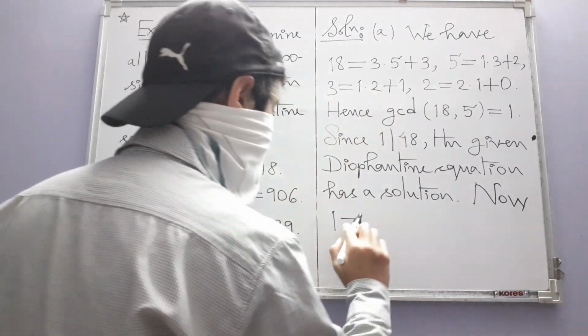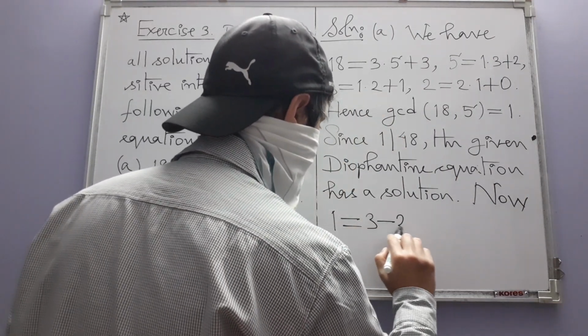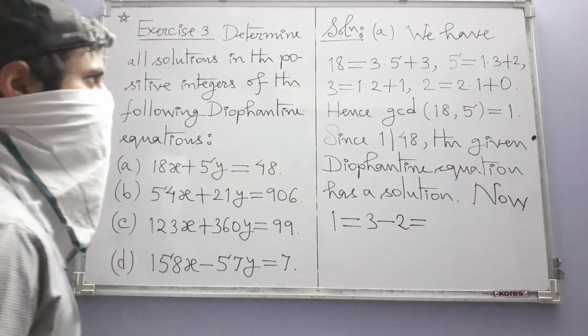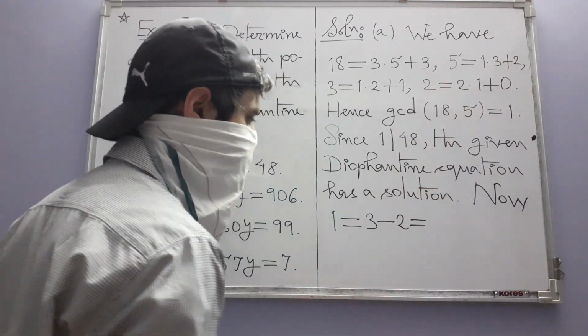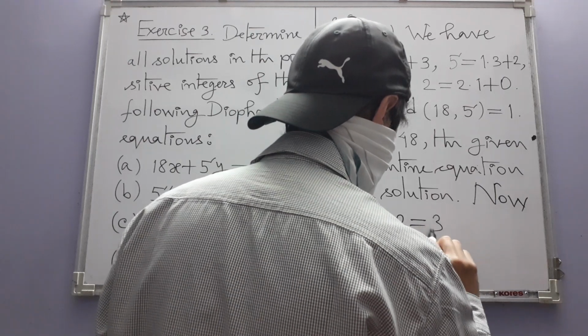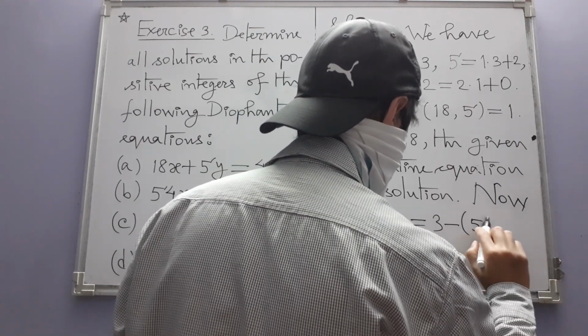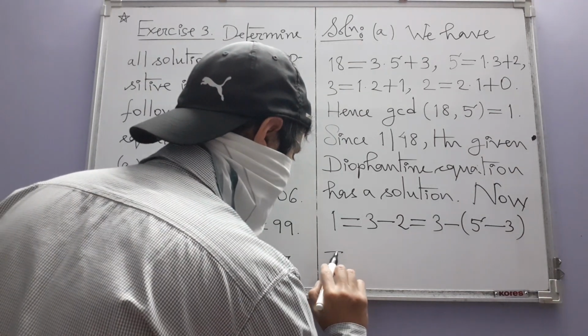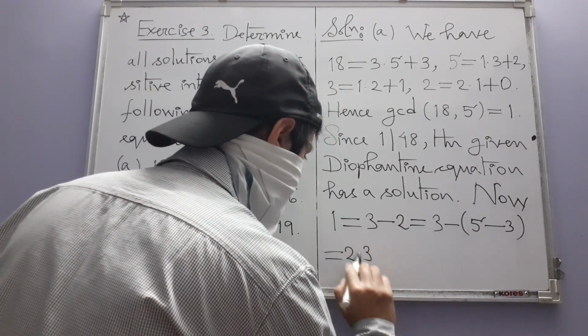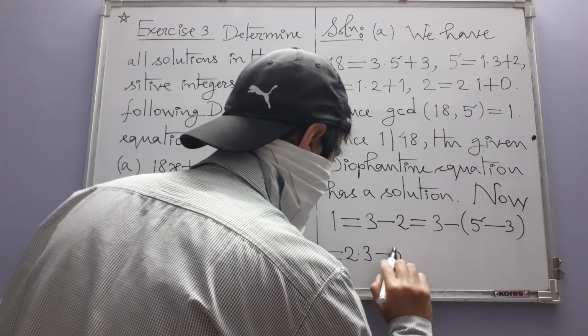Using this one, we get 1 equal to 3 minus 2. Then we replace 2 with 5 minus 3, that is 3 minus (5 minus 3). So that gives us 2 times 3 minus 5.